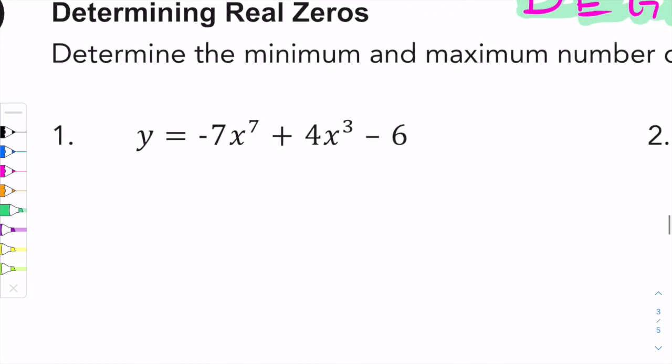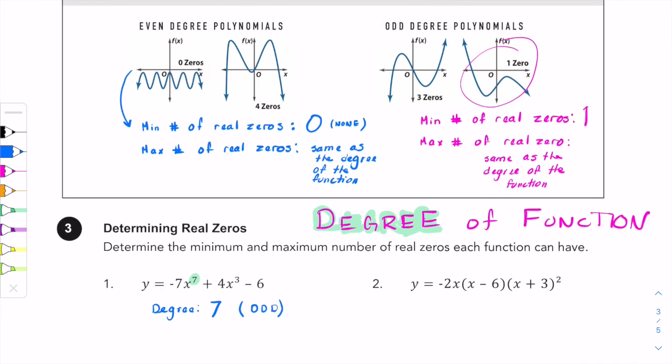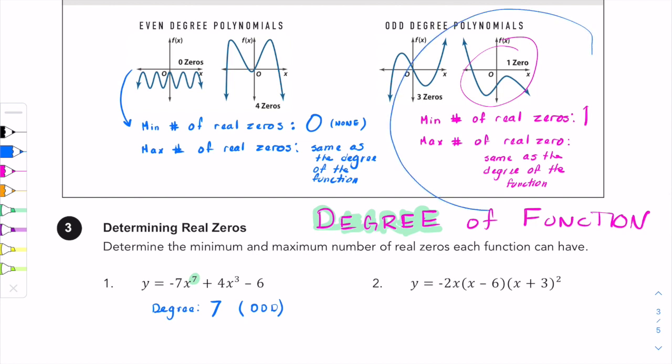For number 1, the degree of this function is 7. We specifically need to know, is it even or is it odd? And 7 is an odd number. If we have an odd degree and the degree is 7, that would be this category.